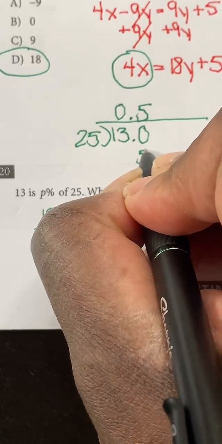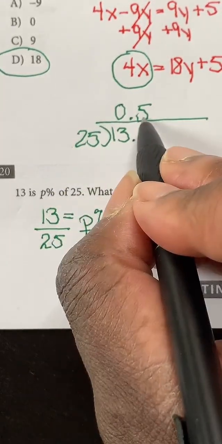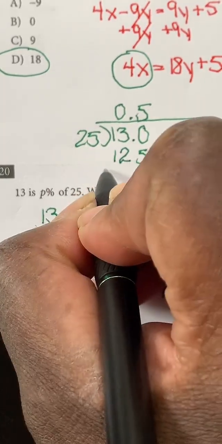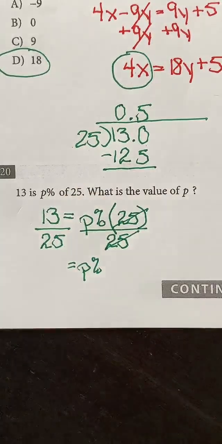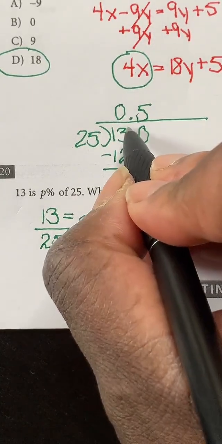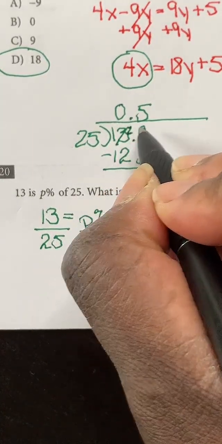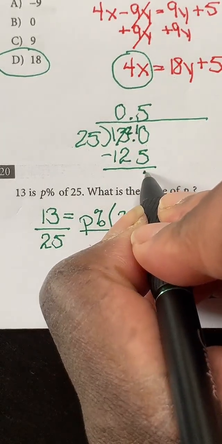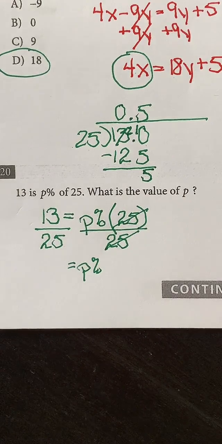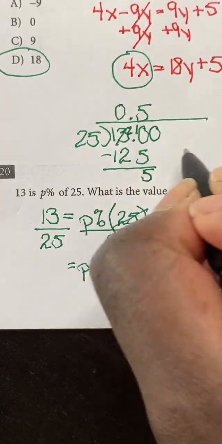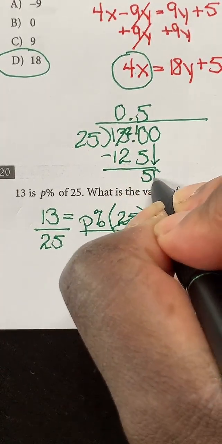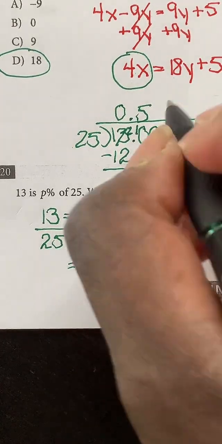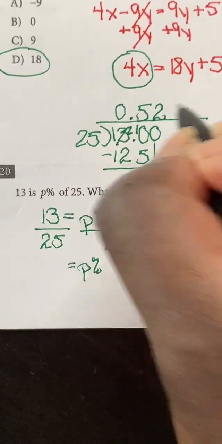5 times 5 gives me 25, carry the 2. 5 times 2 is 10, plus 2 is 12. Now when I subtract, I'm going to borrow from this 3 to make it a 2. Now that 0 is a 10. So 10 minus 5 gives me 5. Add another 0, bring that bad boy down. How many groups of 25 can go into 50? Well, that would be exactly 2.